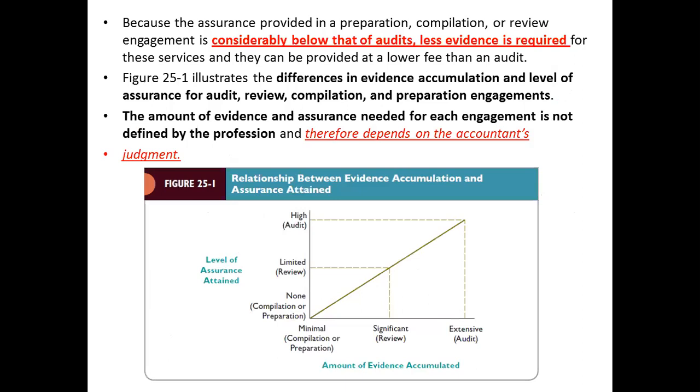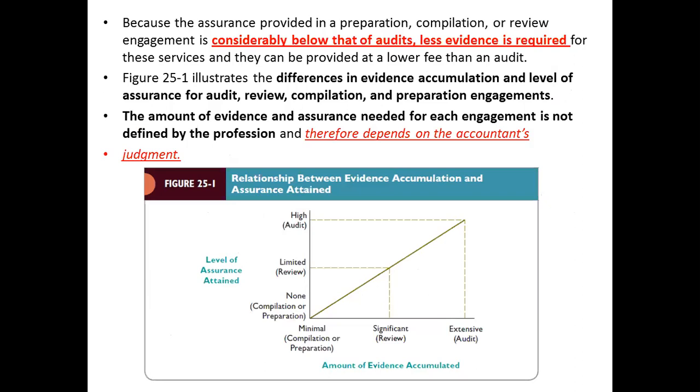Also, as I mentioned before, the review should differ from the audit of financial statements. Review will provide limited assurance, negative assurance, but the audit of financial statements will provide reasonable assurance, positive assurance.